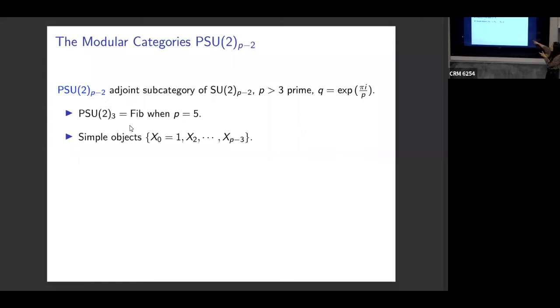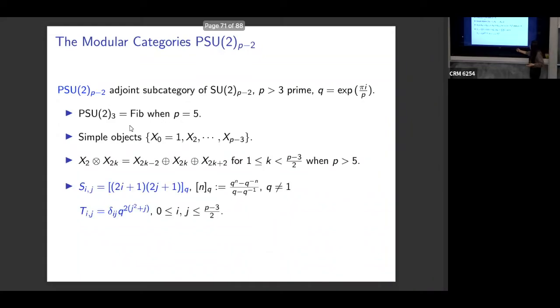The simple objects are those objects from SU(2) with even labels. This is an example of the fusion rules, and one can explicitly write down the modular data here. S_ij is indexed by i and j in terms of quantum integers, and T can be presented this way.